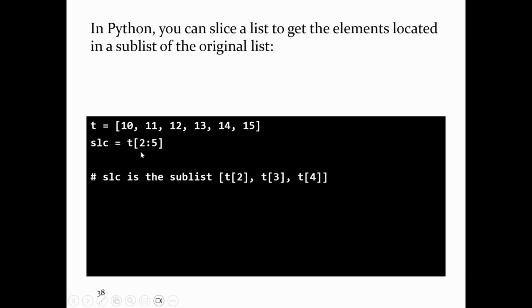That is, element at index 2 up to but not including index 5, so elements at indexes 2, 3, and 4. That should give me the sublist 12, 13, 14, which it does. And t[:] gives you back a copy of the entire list. So that's the Python way to copy an existing list.